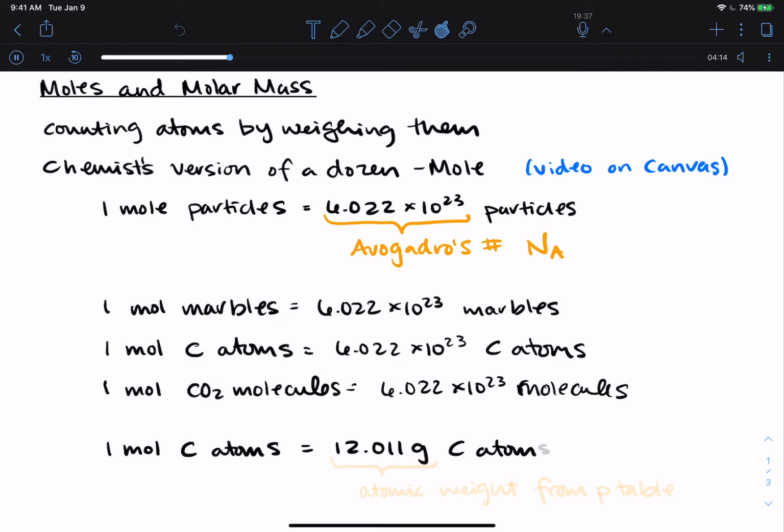So also, if you weigh out 12.011 grams of carbon atoms, you have exactly 1 mole of carbon atoms. And hopefully you recognize this 12.011. This is the atomic weight from the periodic table, except we put it in grams instead of AMU.